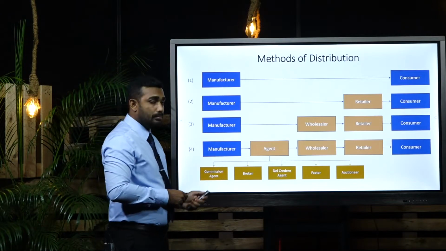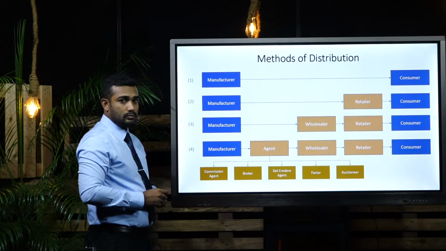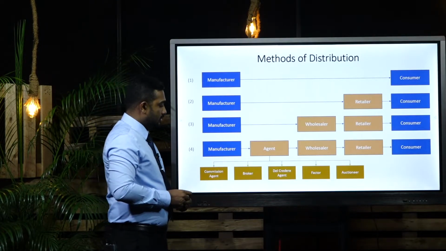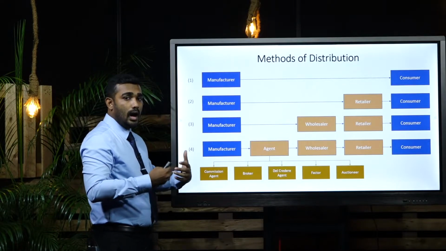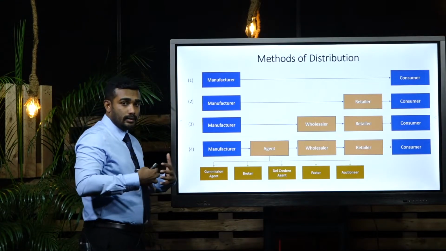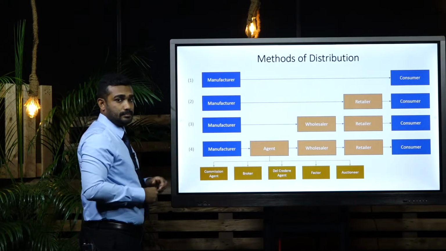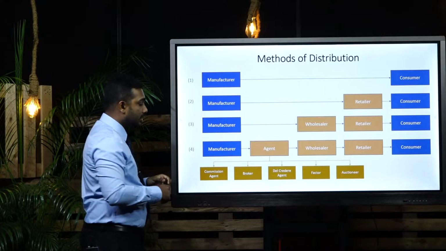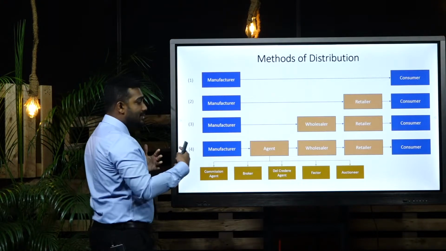Another agent, the broker. What is this entity going to do? A broker is there to connect buyers and sellers.